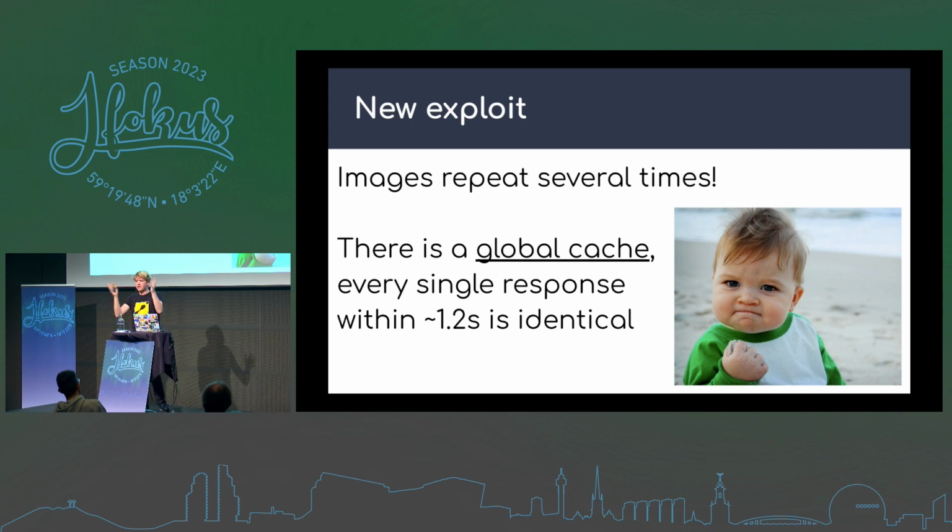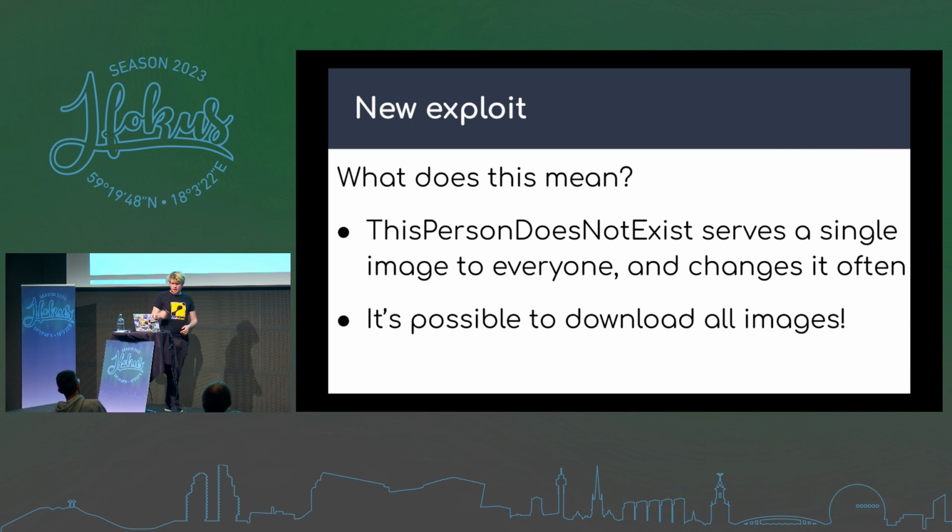So it's kind of a global cache. That means that if someone were crazy enough to run a script that downloads all these images every second, we could build a database with all the deepfakes ever generated by this person does not exist.